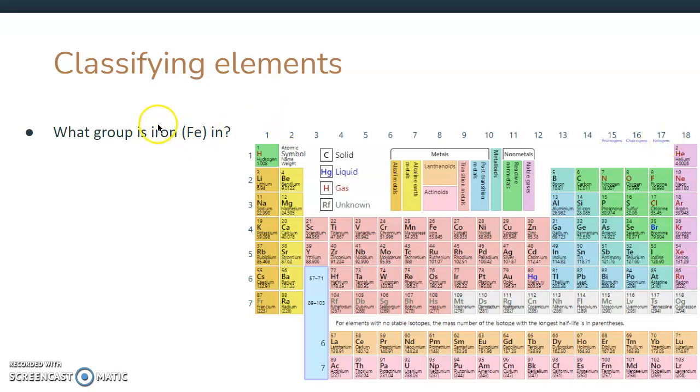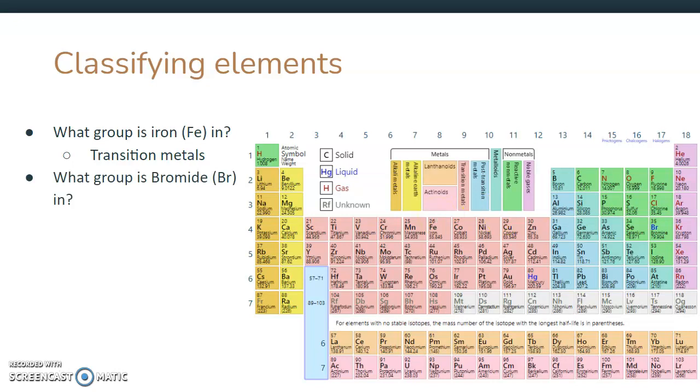So iron, Fe, would be in which one of those 5 groups that we learned about? Let's find Fe on our periodic table. After some practice, you'll be able to find these a lot easier. Fe is number 26, so it would be a transition metal.